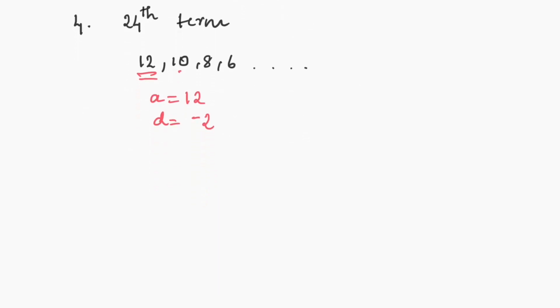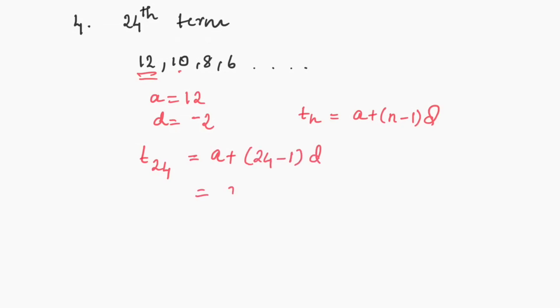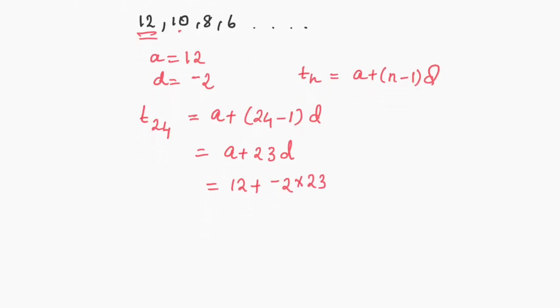So you need to find the 24th term. What is the formula? For T24, first we will write the common formula. Tn is equal to A plus n minus 1 into D. So T24 equals A plus 24 minus 1 into D, that is equal to A plus 23D. What is our A? We already got it as 12. 12 plus 23 into minus 2.